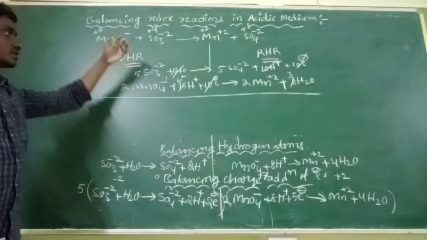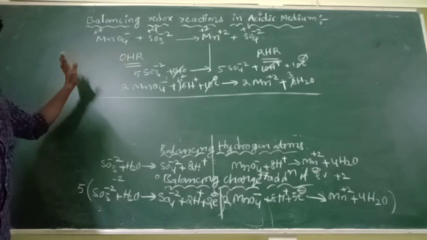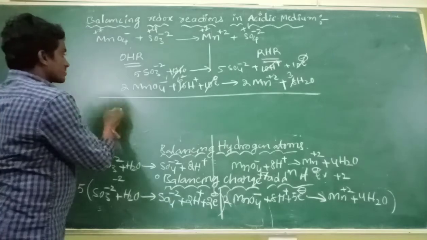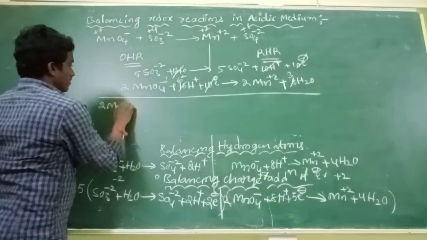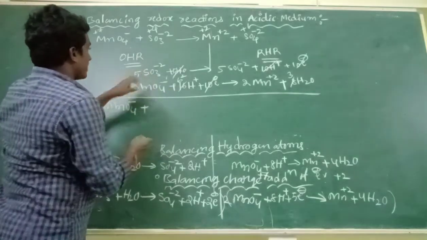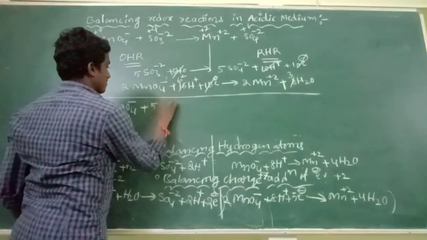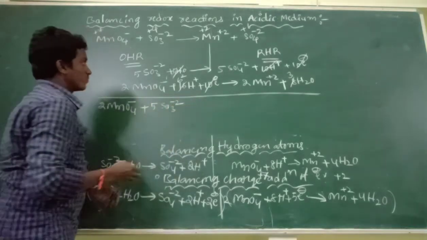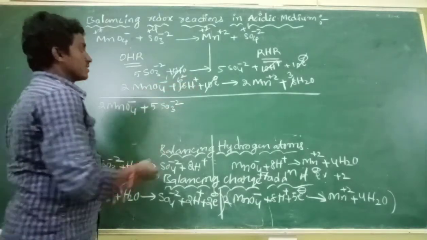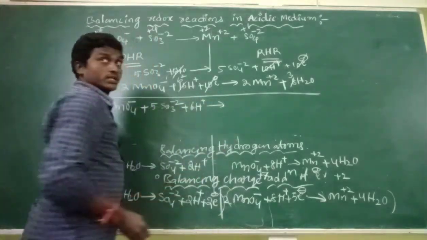The remaining ions and molecules we have to represent on the left side and the right side of the reaction. This is the left side of the reaction: 2MnO4 minus plus 5SO3 minus 2 plus 6 H plus ions.